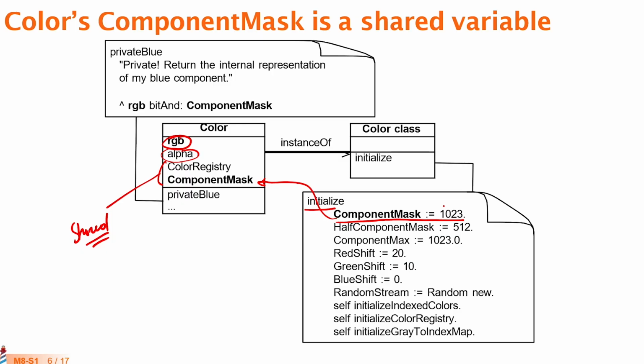And now, once the class declares that it defines a shared variable, then we can use it either in the class part, like here, or in the instance part, like here. So this means that private blue, for example, is RGB with a bitAnd on a mask.